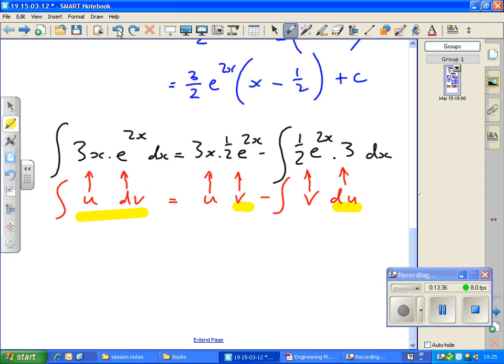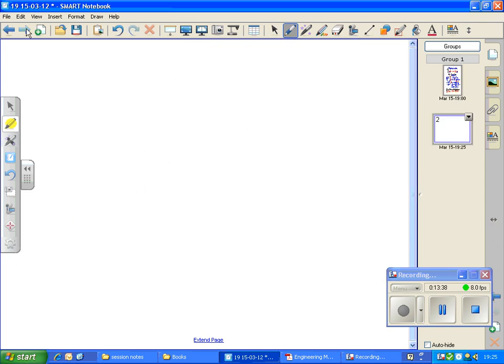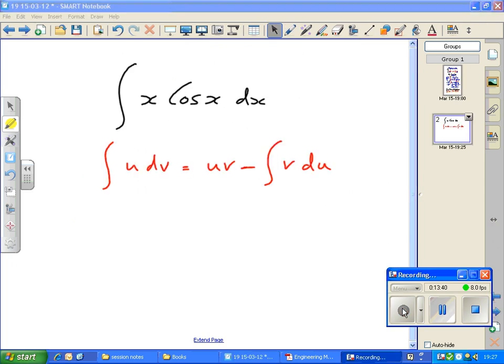Okay, let's look at another example. Let's apply this rule, integration by parts, to this example. I need to use integration by parts because x appears twice, two functions multiplied together. So it's the product rule, but the integral version of it, which is this.